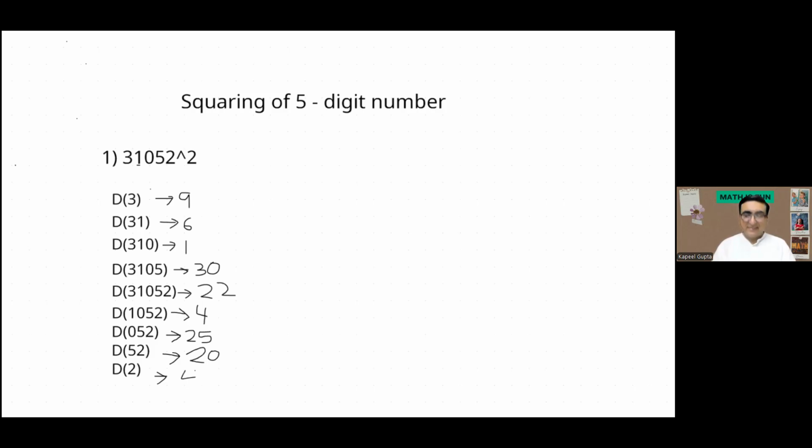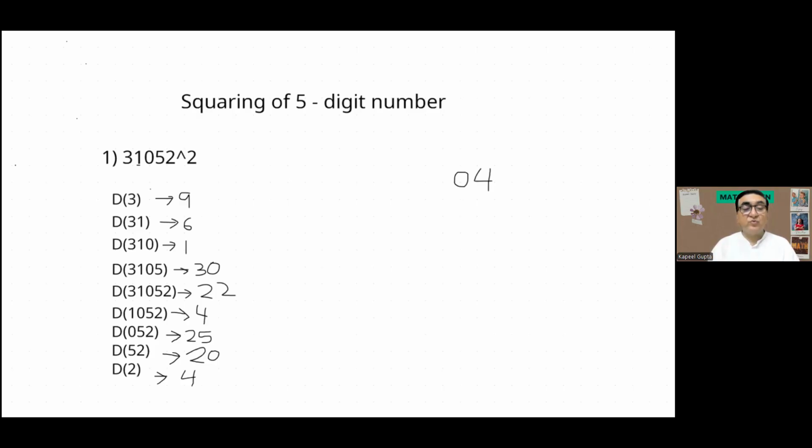Got it? Great. Now let's work out, because we have a few numbers that are double digit numbers. That means we have a carry forward on the left, right? So now let's frame the answer properly, from the bottom to top approach. So I wrote a 4 here. Then 20, I'll take a 0 and carry forward 2.